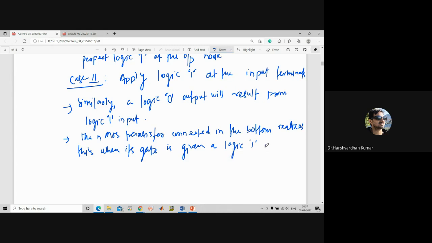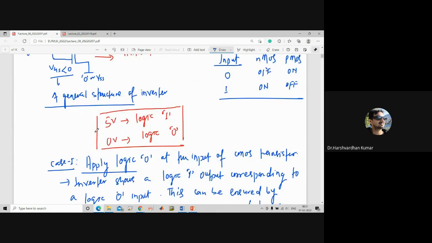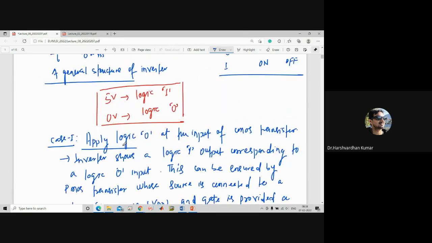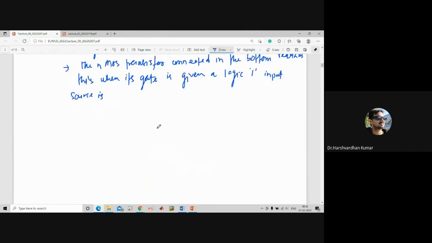If you see the structure, this is the source, this is the gate and this is the drain. The source is connected to ground, logic 0, which in technical terms is also known as VSS.